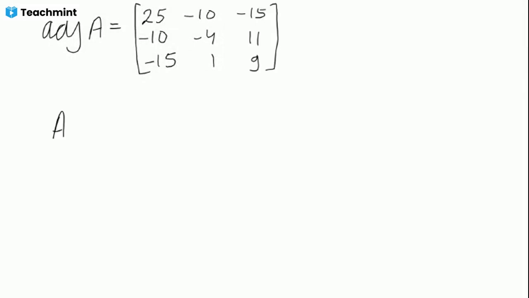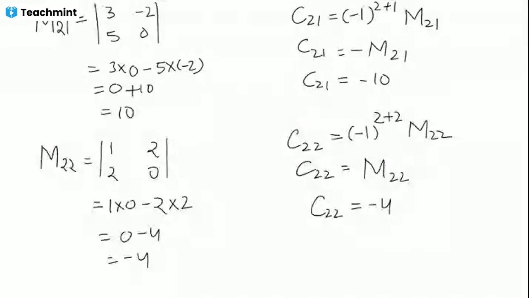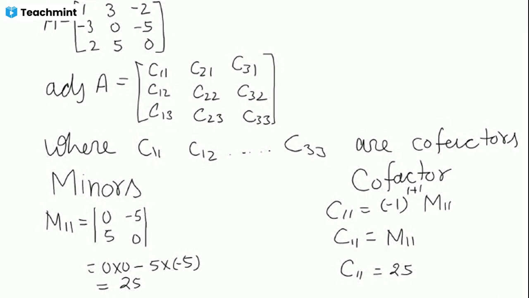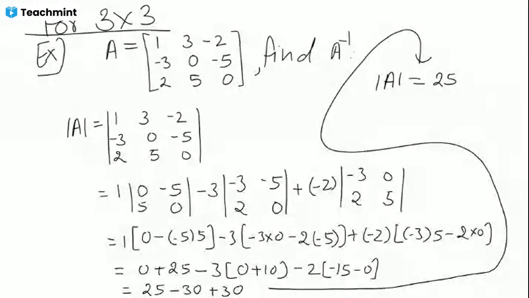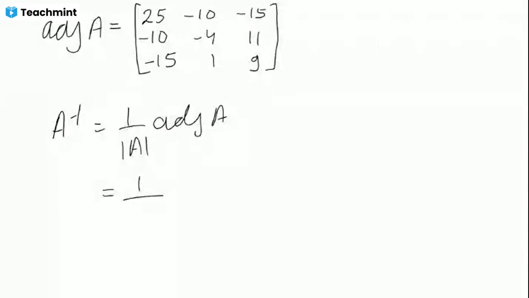But we need to find A inverse, which is 1 upon determinant of A into adjoint of A. So write down the value of determinant of A, which is 14. No, 25, sorry, 25.